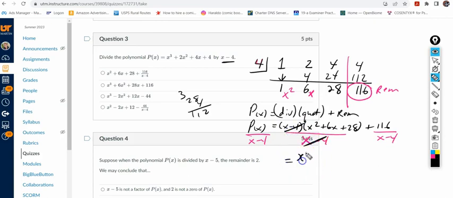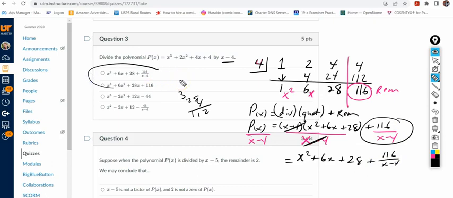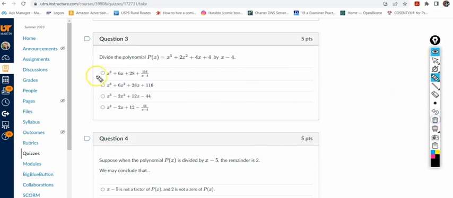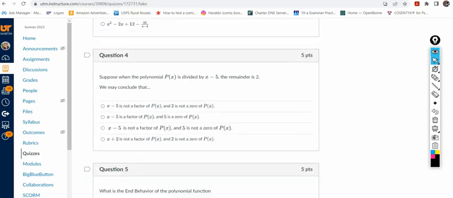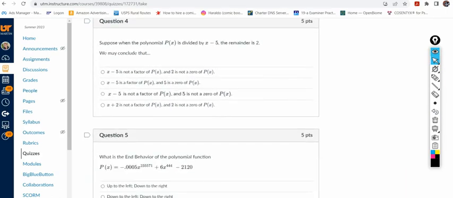And so I'm going to be left with x squared plus 6x plus 28, and then plus 116 over x minus 4. Okay, so it looks like it's going to be that first one there.